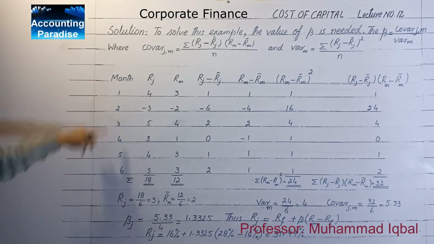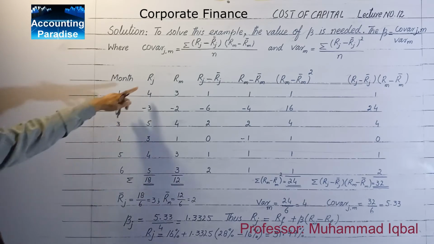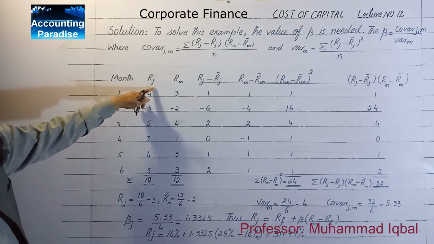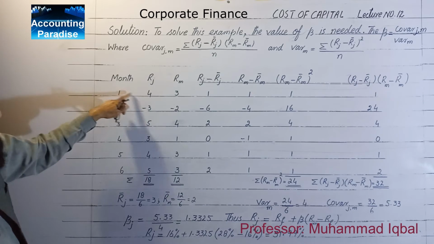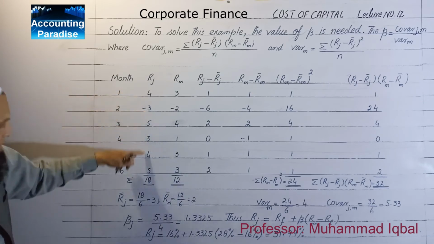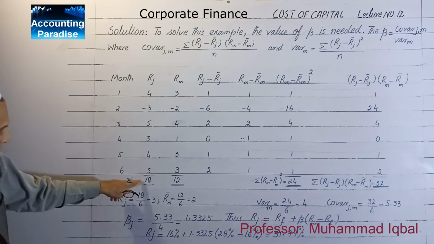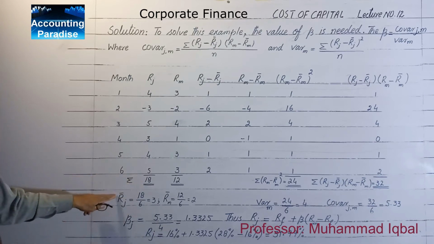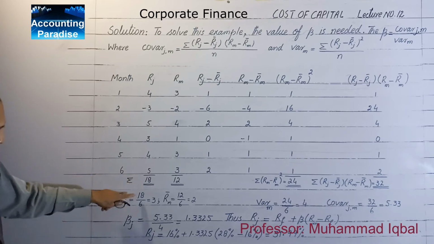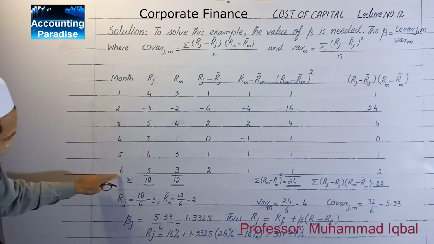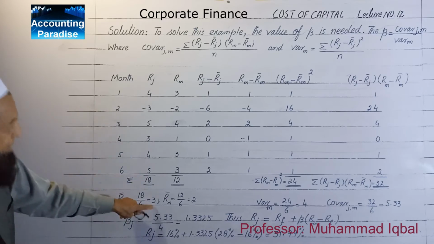Month 1 to 6. Return on security J in first month 4, second, third, 4 and 6. Their summation is equal to 18. R bar is equal to 18 over 6, is equal to 3.